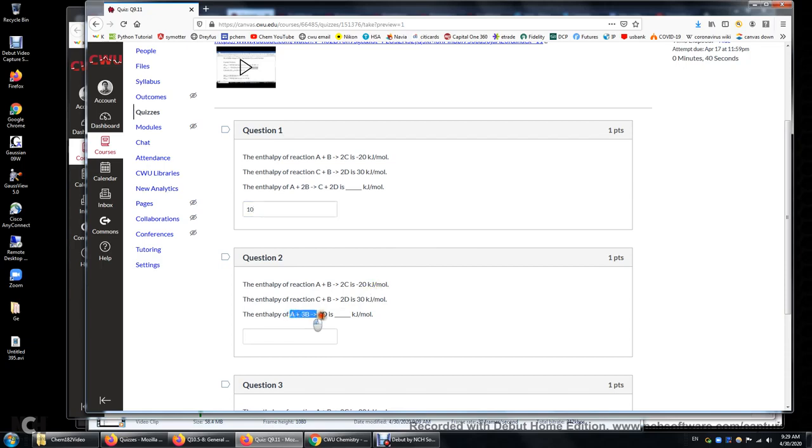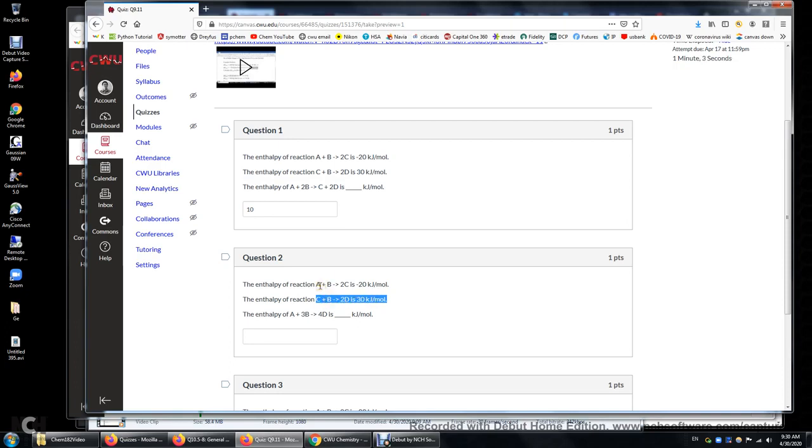Okay, over here, this is a little tricky. I don't see any C in this reaction. That means we have to somehow cancel the C's. So we need to multiply this reaction by 2. It becomes 2C plus 2B produce 4D. And this enthalpy of reaction is going to be 60 kilojoule per mole. And then we add up the left-hand side.